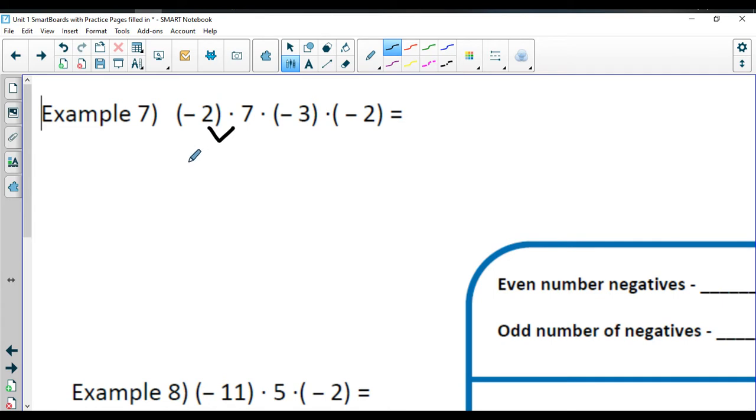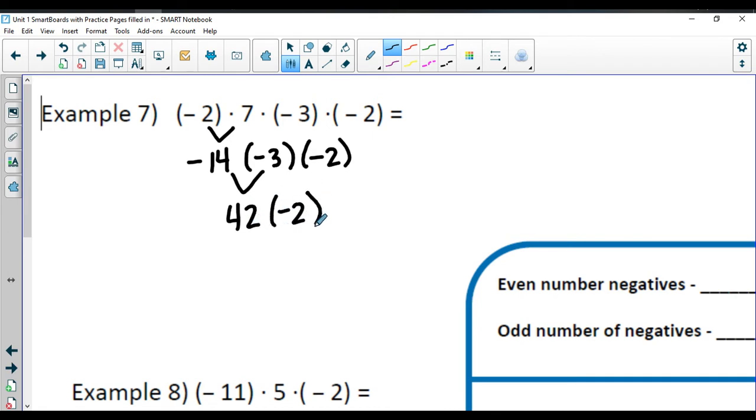Negative 2 times 7 would be a negative 14, times a negative 3, times a negative 2. Negative 14 times negative 3, a negative times a negative will be a positive. 3 times 14, well, 3 times 10 is 30, 3 times 4 is 12, 30 plus 12 is 42, times a negative 2. A positive times a negative will give you a negative, and 42 times 2 is 84.